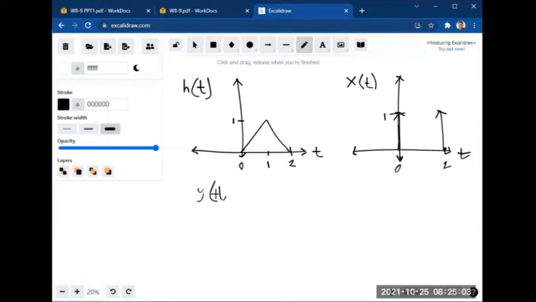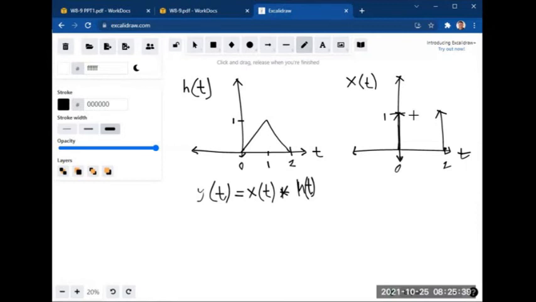The working equation, or the basic concept of convolution, is that we have the input signal convolved with the impulse response. Whenever there is an input signal, our impulse response will be activated.